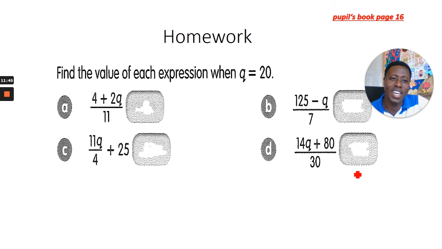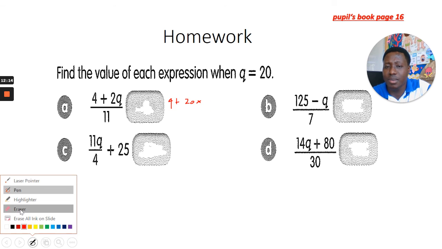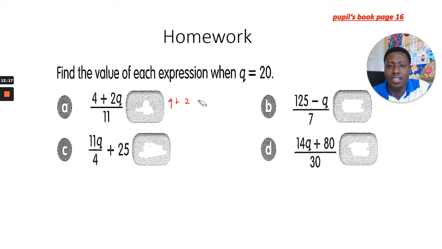All right, so our homework, as usual, will be from People's Book, page 16. Find the value of each expression when Q is 20. So here you have to get 4 plus 2K, so 2 multiplied by 20.